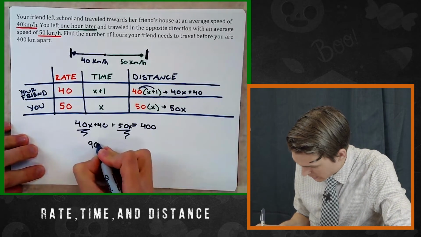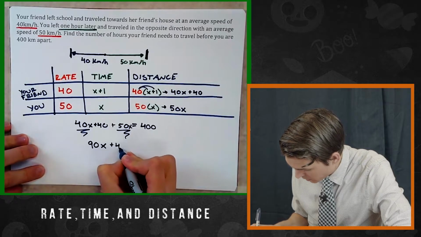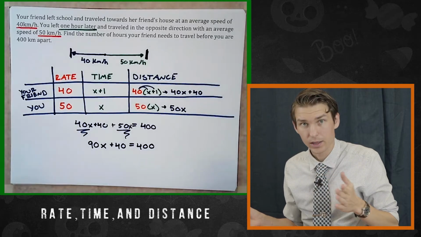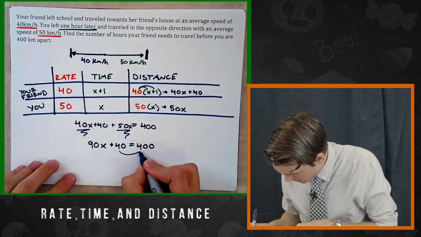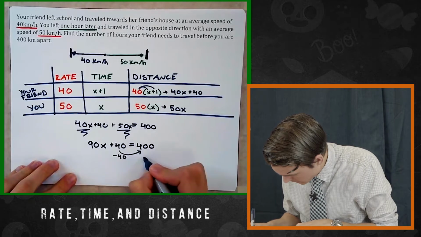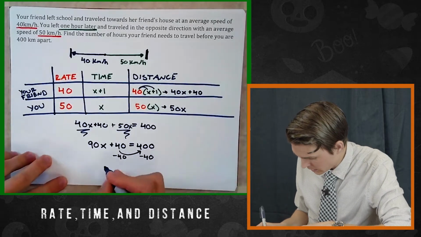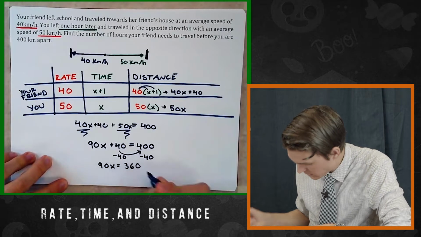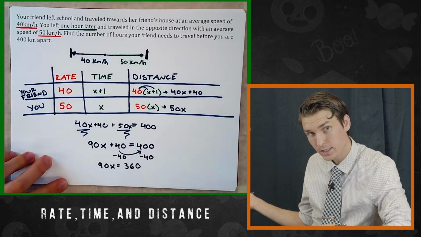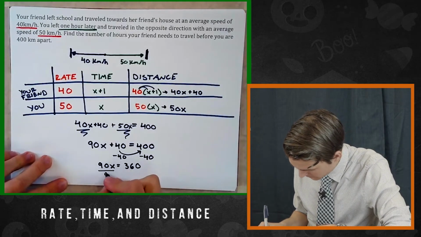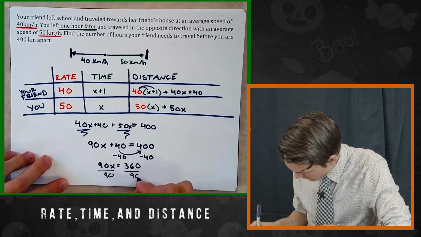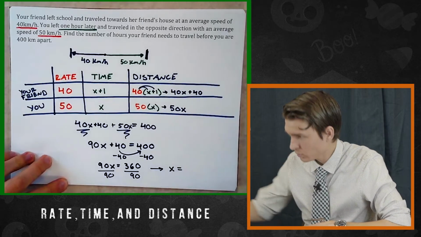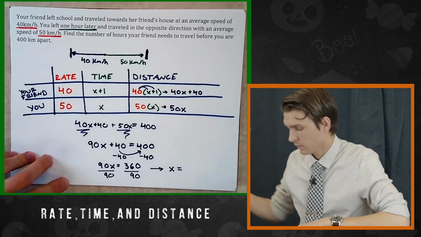So we have 90x plus 40 is 400. And then we want to move over this 40, so we're going to be subtracting 40. So I will have 90x equals 360. Divide by 90, and that will give you x equals 4.